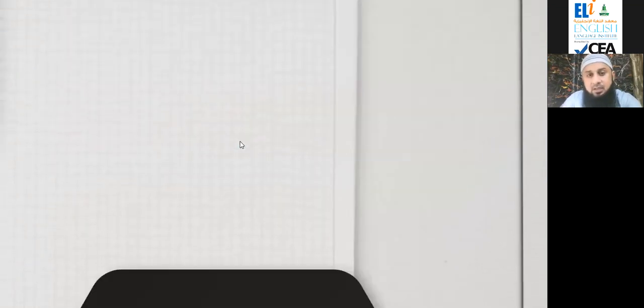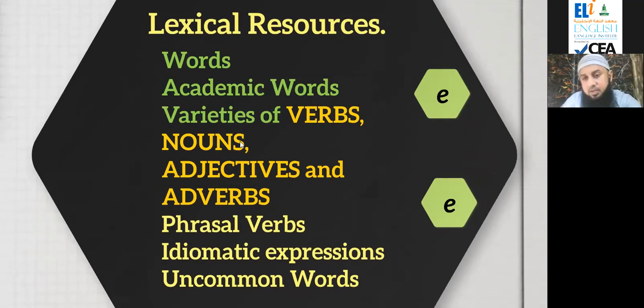Okay, after this comes lexical resources, as said, vocabulary, words, academic words, varieties of verbs, nouns, adjectives, and adverbs, phrasal verbs, idiomatic expressions, uncommon words. This is what they check. If you give them this, you get your score. The band is yours. You get 9 bands if you give them all of these. This is what they want from you.